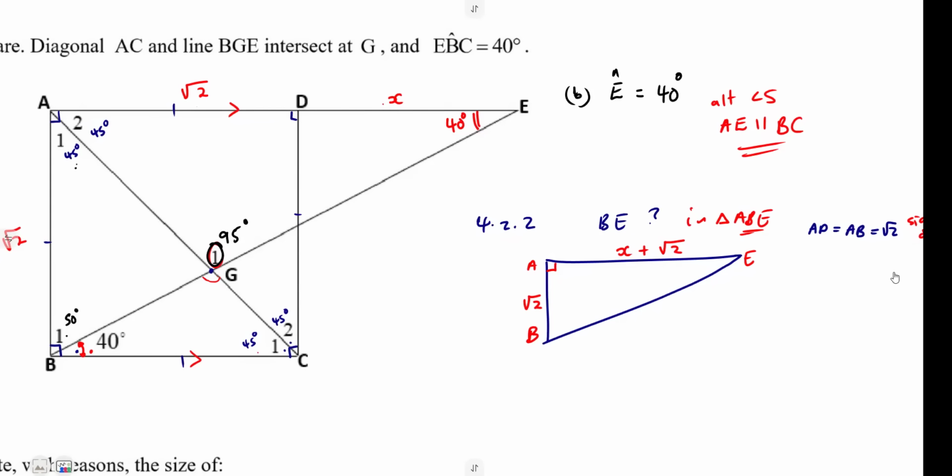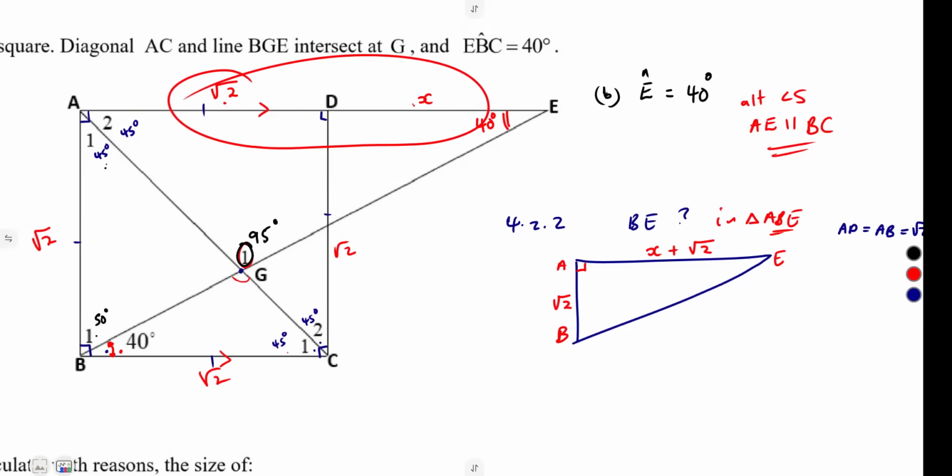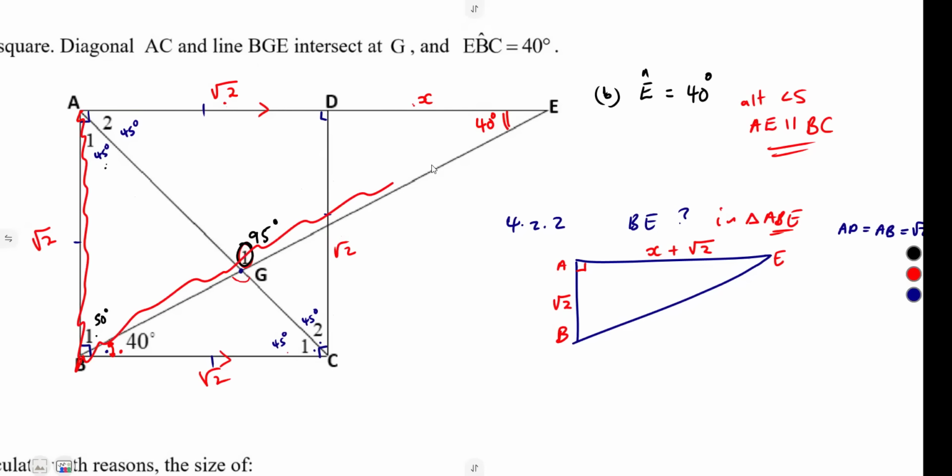So this is the right angle triangle ABE. You have to combine square root of 2 and x. This is also square root of 2. For a square, all sides will be equal. But there, you have to add to form A to B to E, a right angle triangle. You must have the whole of this side.